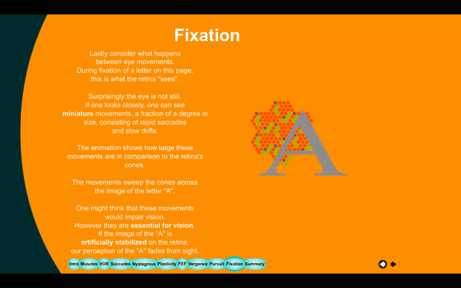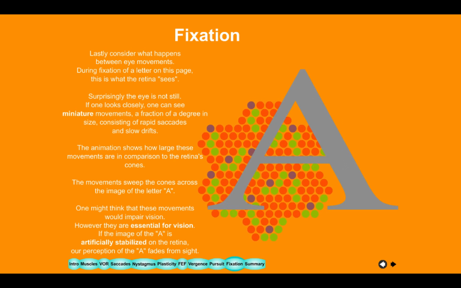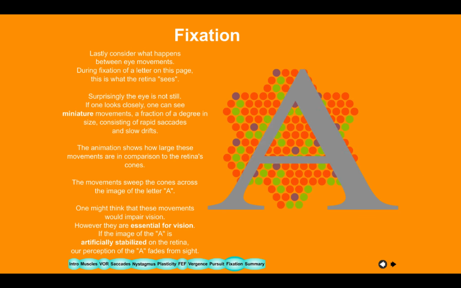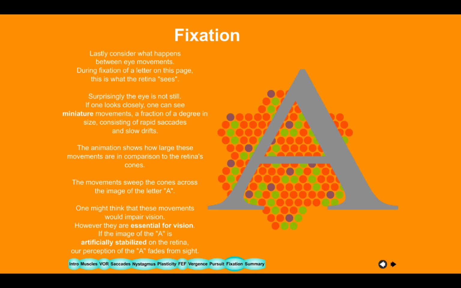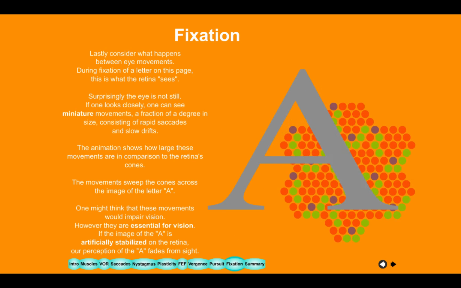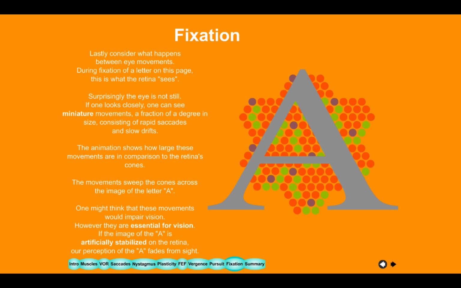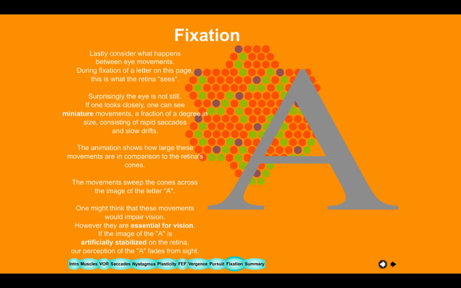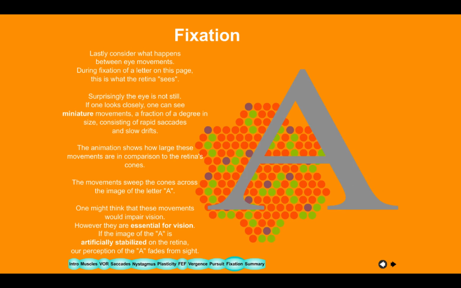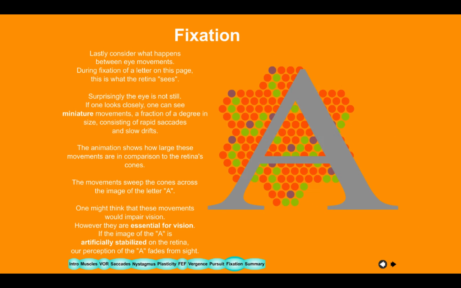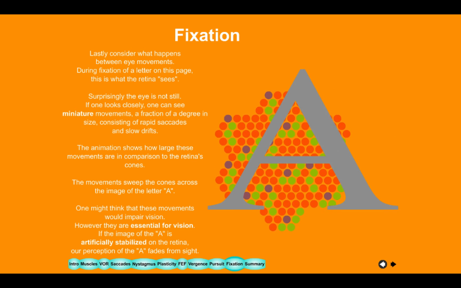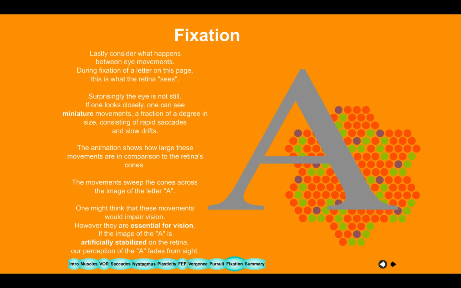Now this is amazing. This is what you see if you're looking at the back of the eye with really high magnification. And this would be the letter A projected on the back of the eye. Okay? And it'd be like a normal font that you'd be reading with. Notice those little circles there are your cones.